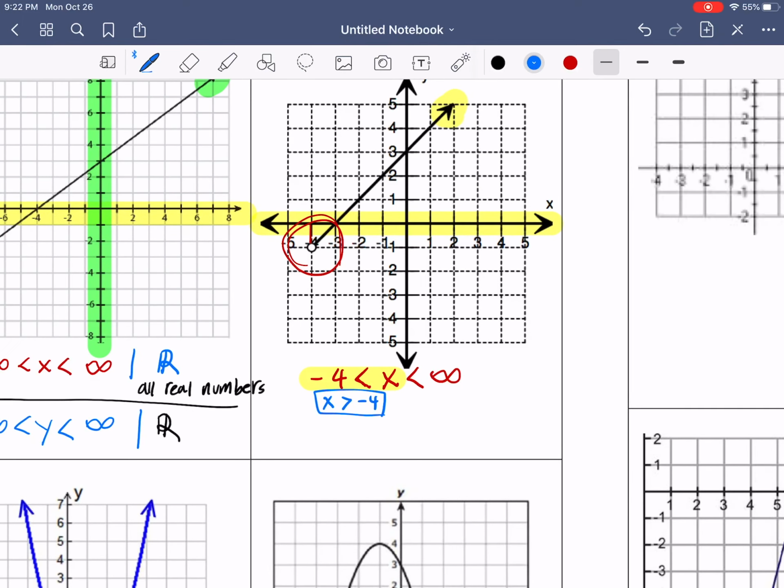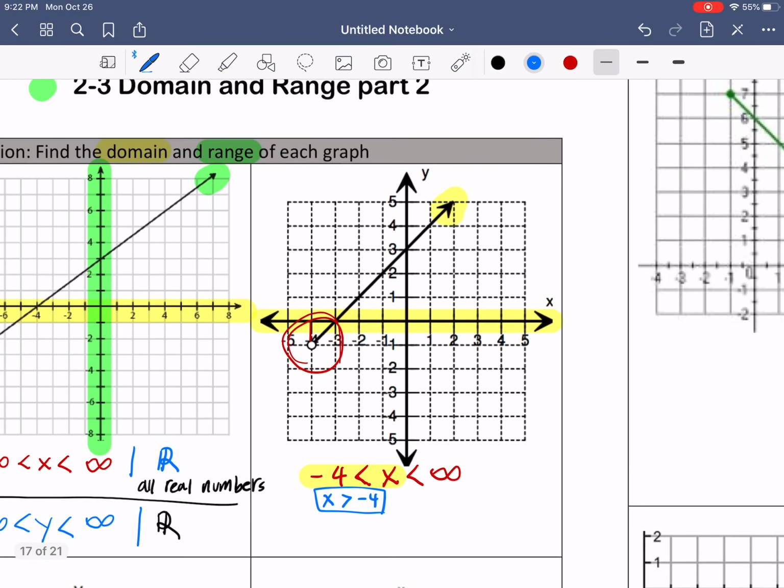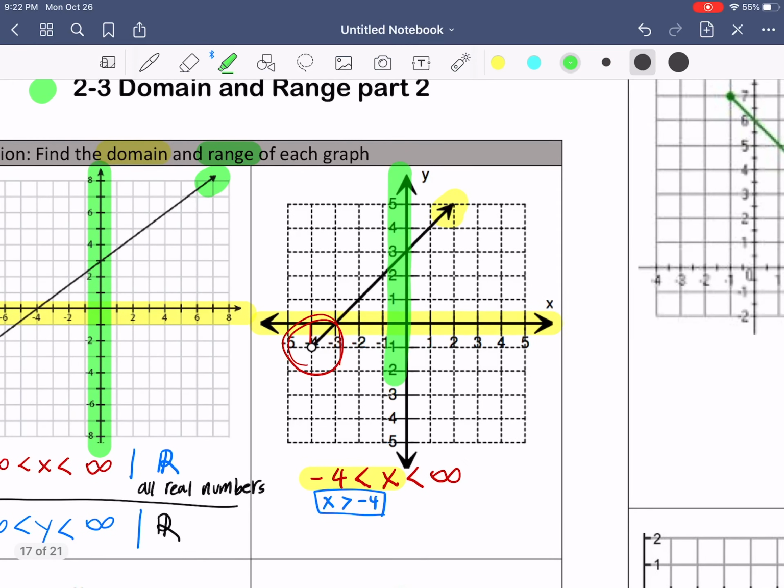Now let's do the range. So for the range, we're gonna use these numbers that are highlighted in green. And same thing, where does it start? It starts from negative 1 less than y. Now, let's keep going up, as you can see, because range is bottom to top.